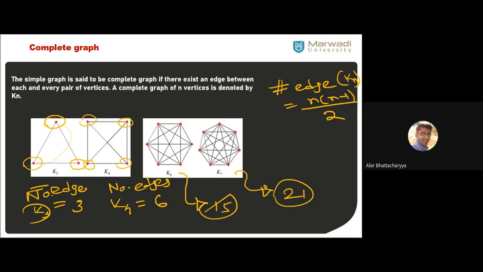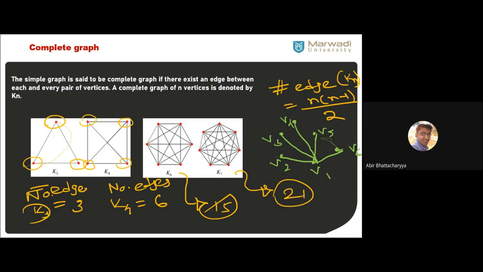So the basic way of drawing a complete graph: start with 6 vertices, make it round. This is V1, this is V2, V3, V4, V5, V6. Now start drawing from V1. Complete all tasks of V1: V1 to V2, V1 to V3, V1 to V4, V1 to V5, V1 to V6. So all tasks of V1 are completed.